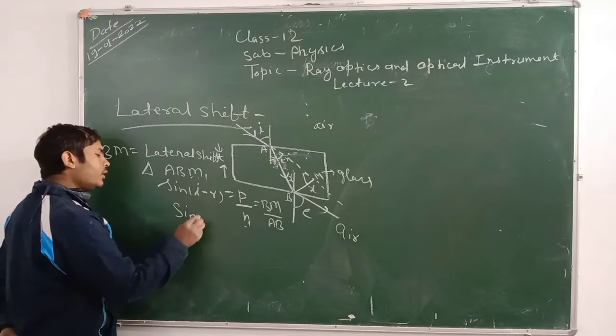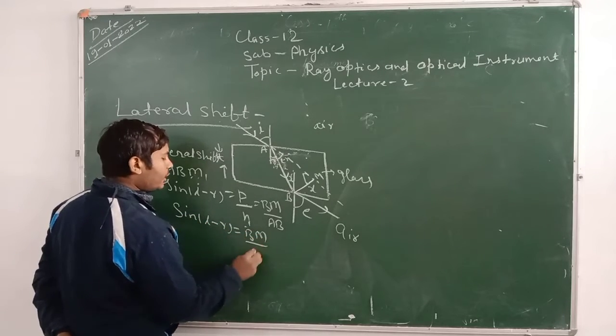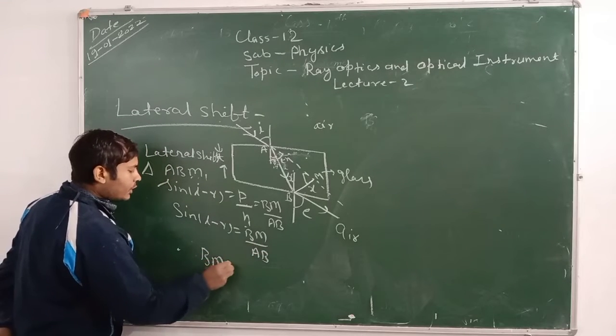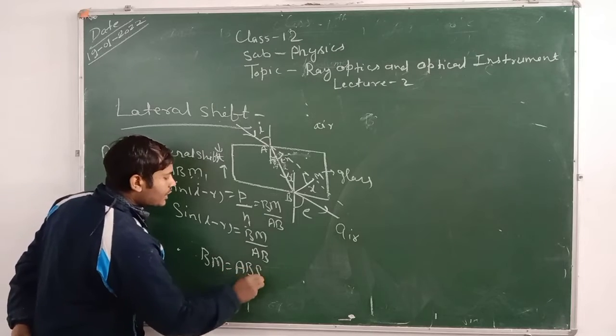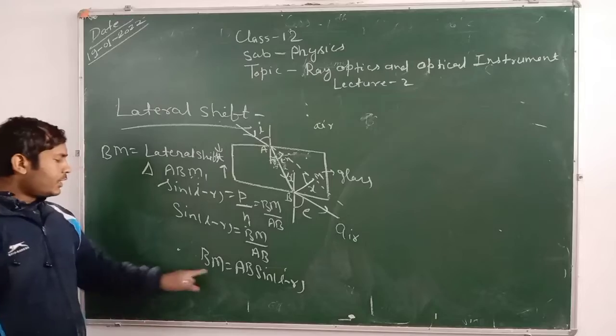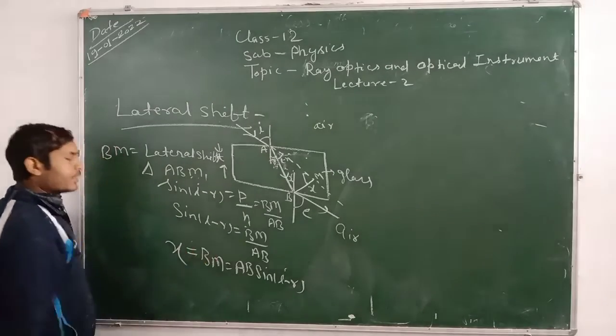So sine of I minus R will be equal to BM upon AB. So BM will be equal to AB sine of I minus R, and this BM is the lateral shift, equation 1.